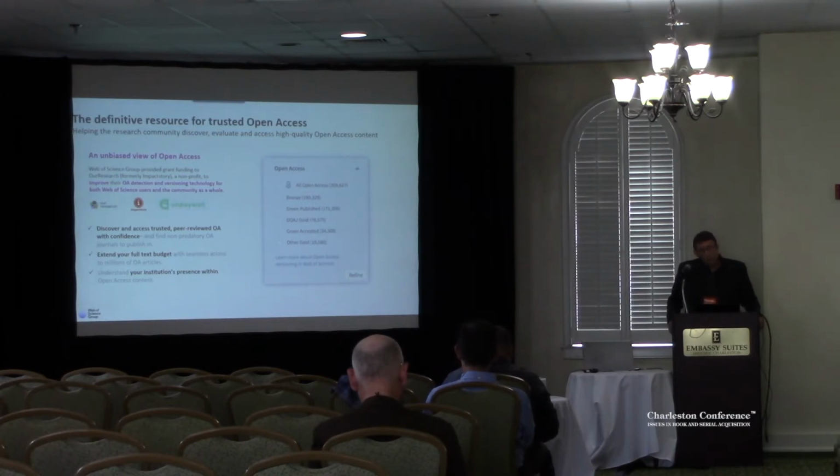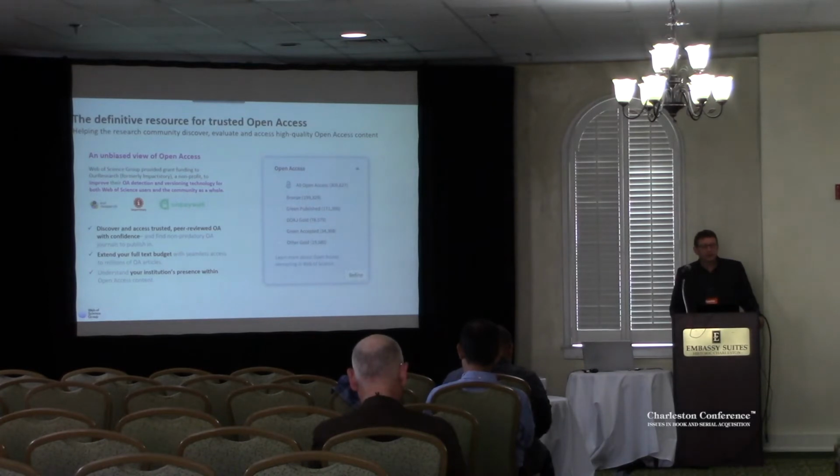And along with that, it's not just yes or no open access, but detail around the exact status of that article, whether it's DOAJ gold, hybrid gold, which we call other gold, green, etc., etc.